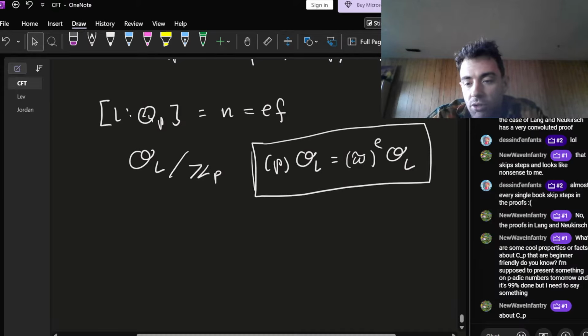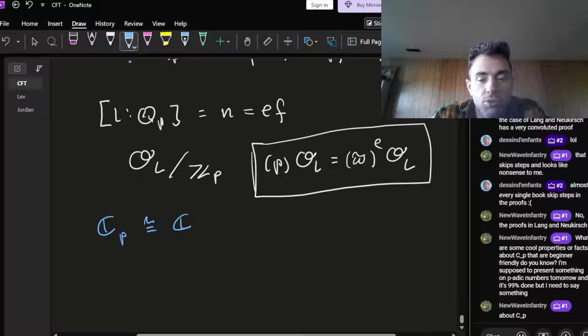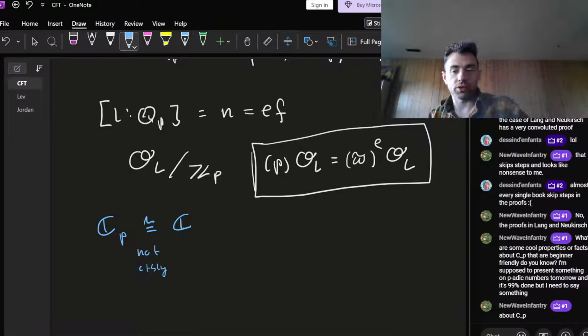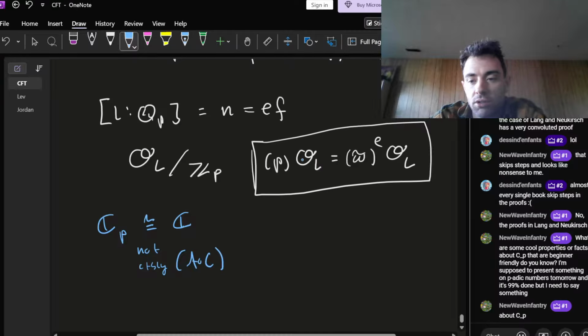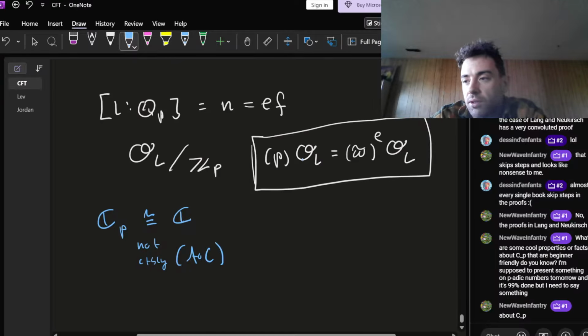as a field, it is isomorphic to the complex numbers, but not continuously. Obviously, it's not isomorphic as a topological field. Of course, this depends on the axiom of choice, which tells you that all uncountable fields are entirely determined algebraically by their characteristic and their cardinality.